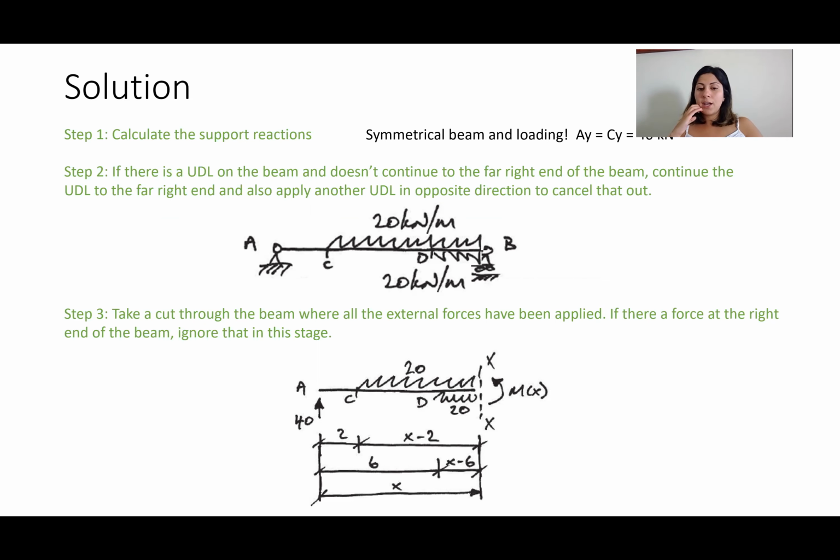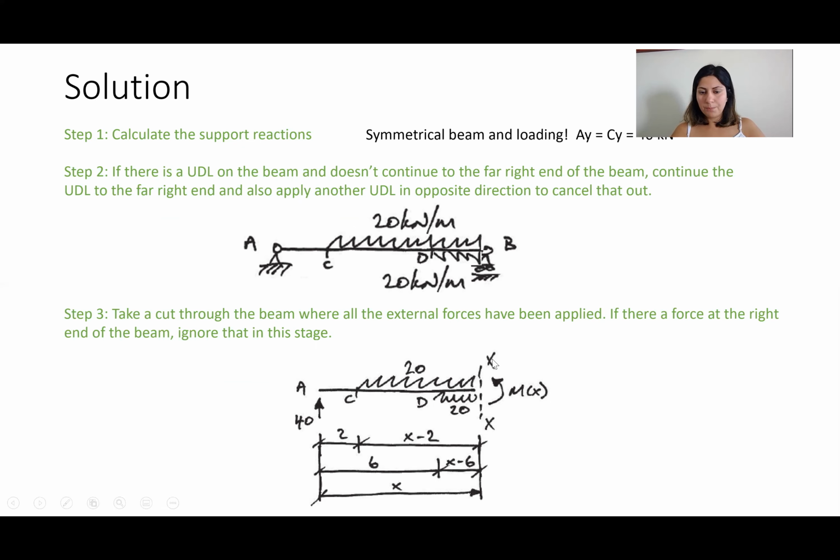What you really need to be aware of is do not replace the UDL with concentrated load. You can do it only in the first step to find the support reactions. After that, you have to keep the UDL as a UDL.